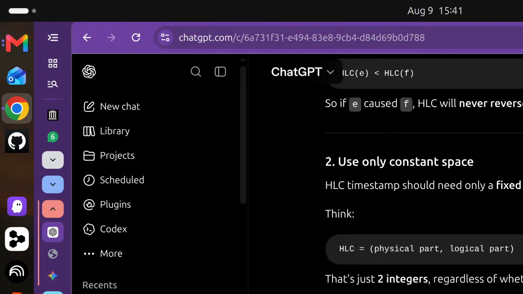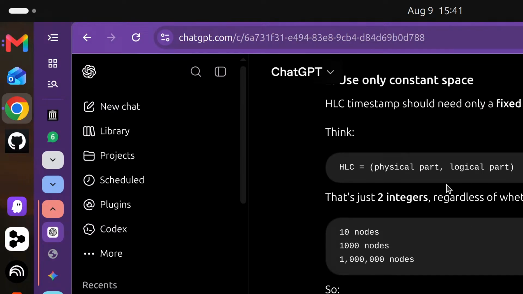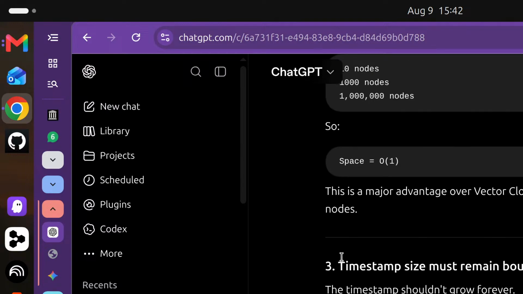Two, they use only constant space. HLC timestamp should need only a fixed small number of integers. HLC is equal to physical part plus logical part. That's just two integers, regardless of whether there are 10 nodes, 1000 nodes, or 100,000 nodes. So space is order of 1.